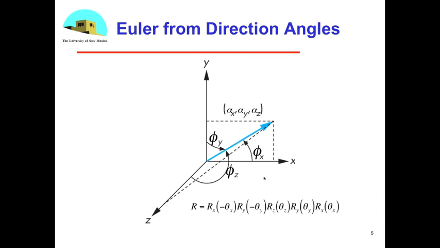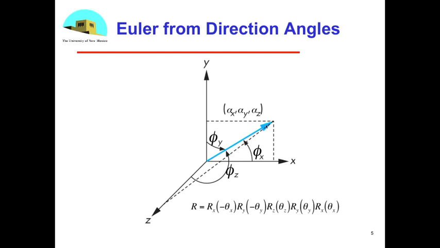And also embedded in that is that if you know two of them, you'll know the third, because the sum of the squares of the cosines has to equal 1. So given two, you can solve for the third.